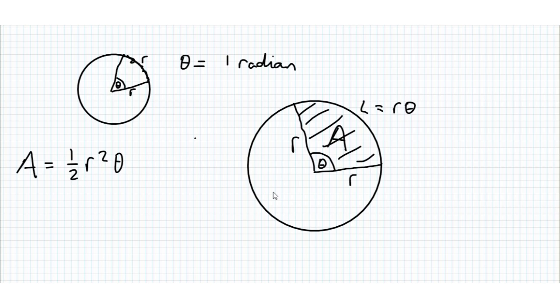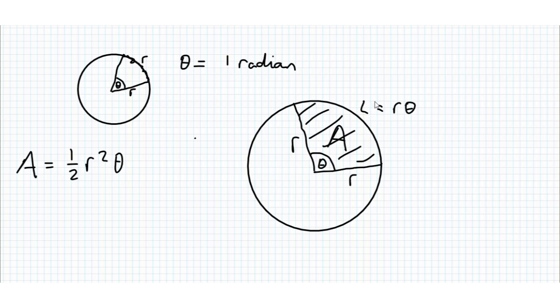Okay, when you take these formulae and compare them to the formulae for degrees, then we can give ourselves a formula for converting between degrees and radians. Because whether we calculate this length in degrees or radians, the length's still the same, so those two have to be equivalent.